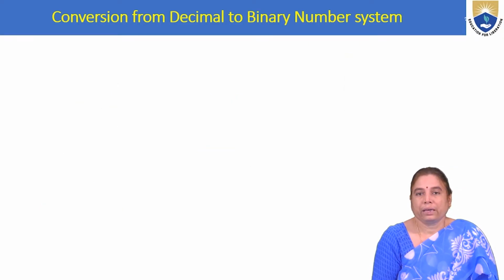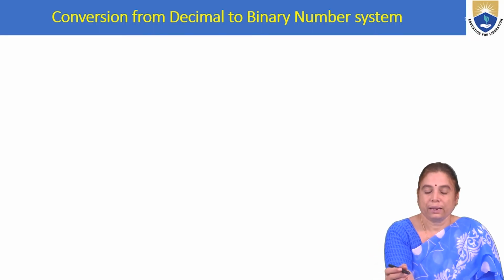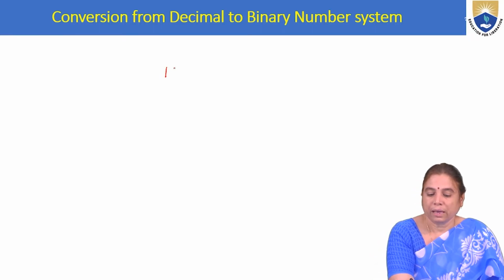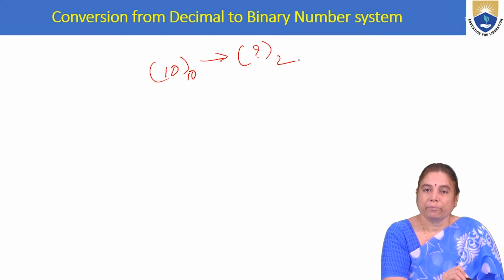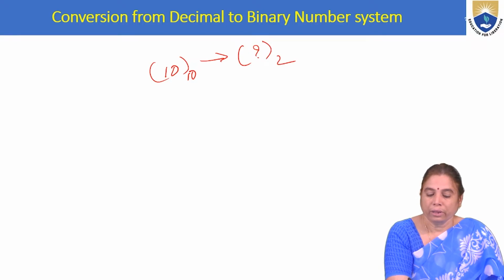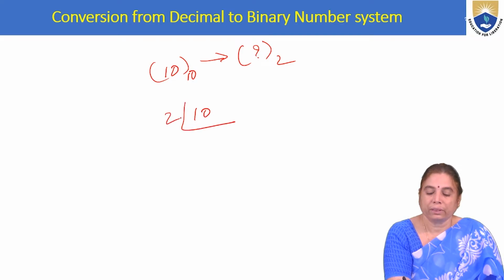Let us take an example, conversion of decimal to binary. Consider the number 10 in the decimal number system, which you have to convert into the binary number system. Here the number has to be divided by 2 and we write the remainder.